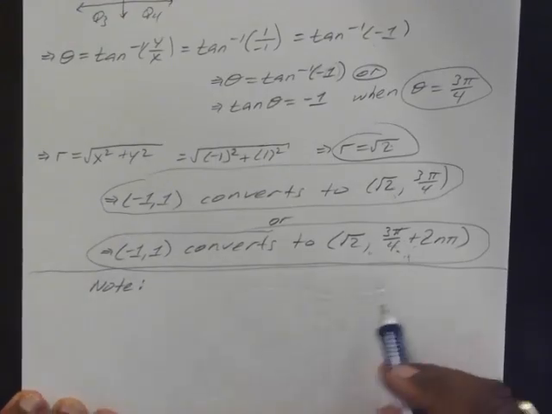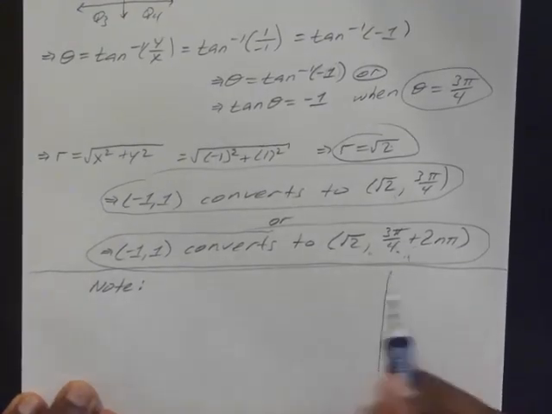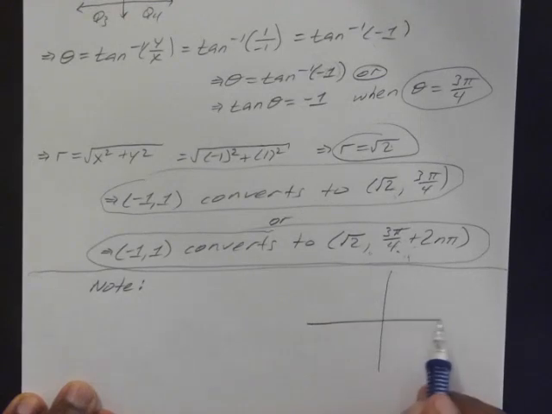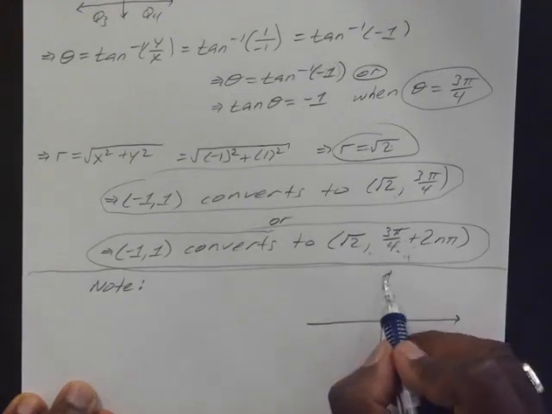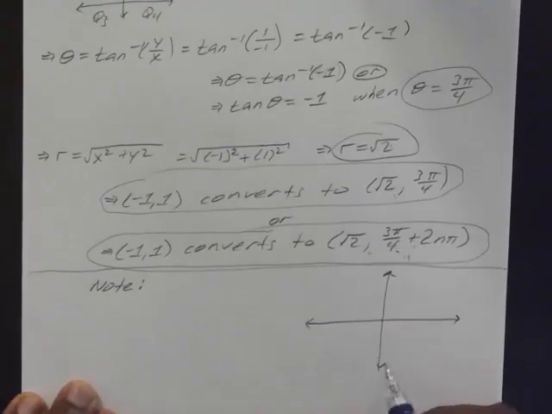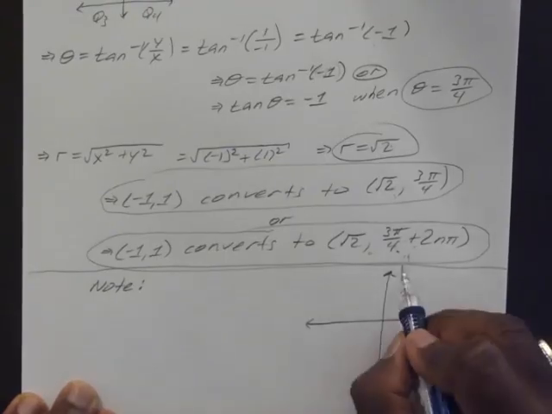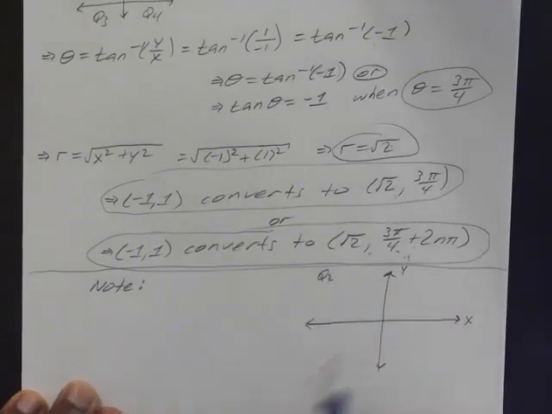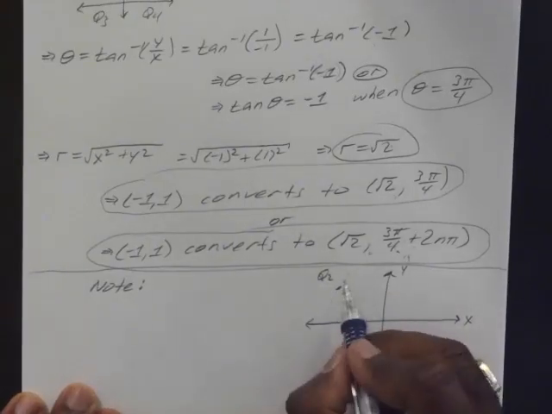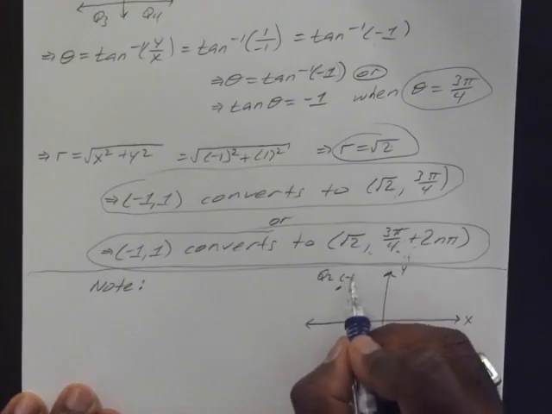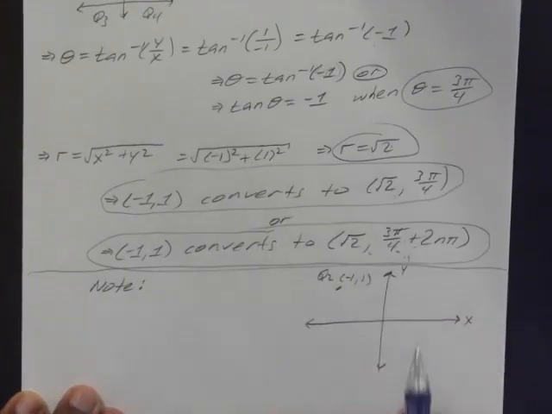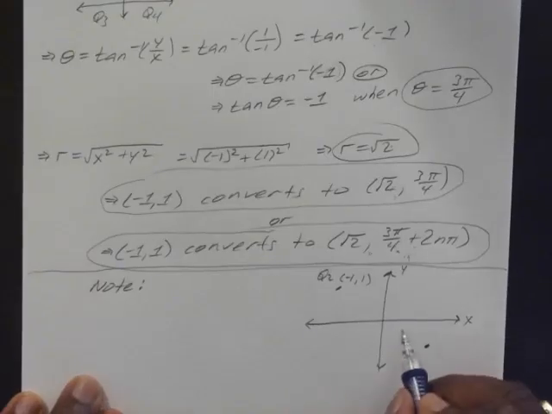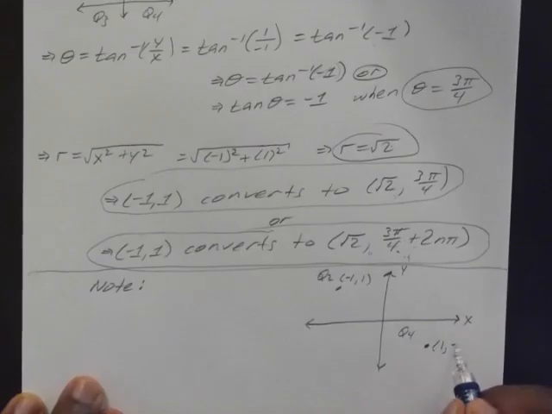Okay, so just to point out the differences between the two, let's look at quadrant 2. We have the point -1, 1. And look at the point in quadrant 4. We have the point 1, -1.